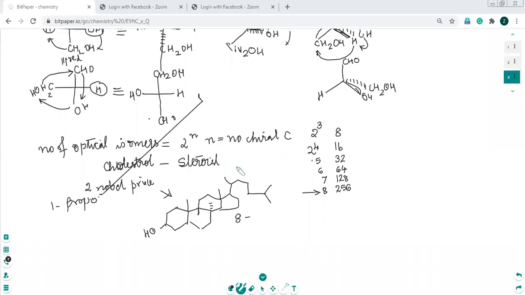Right. So I was telling you about steroid, cholesterol. Cholesterol is having 8 asymmetric centers. Only one structure is representing cholesterol, which is that particular structure that was elucidated 2 times. First time, the proposal was given based on chemical reactions.